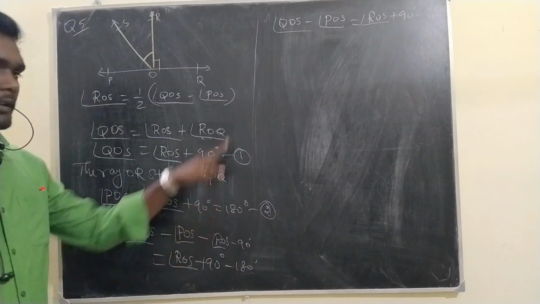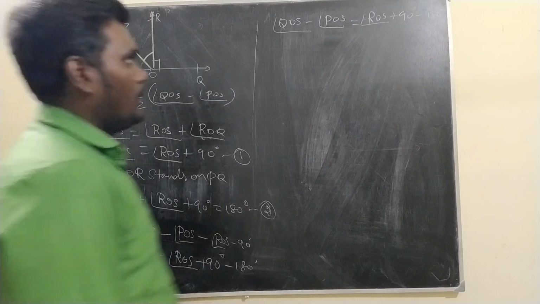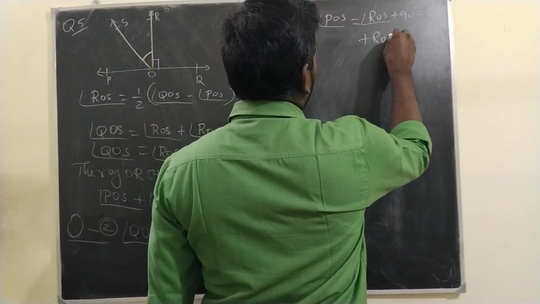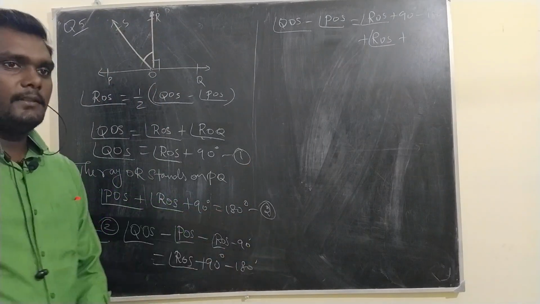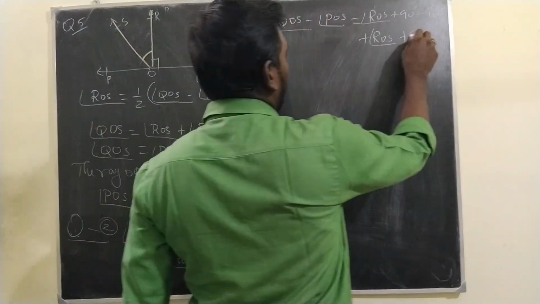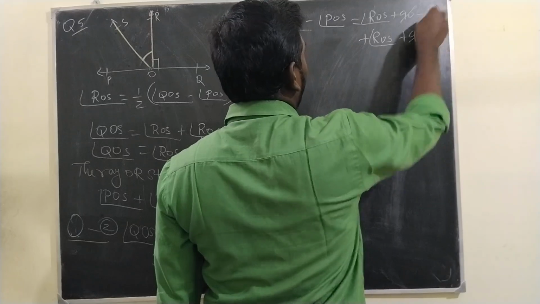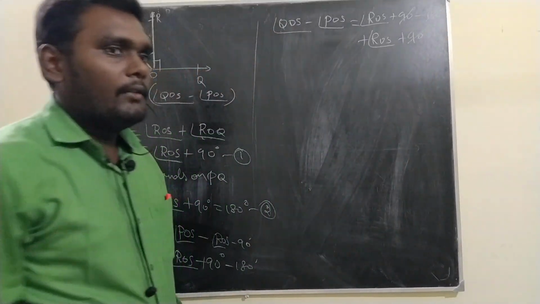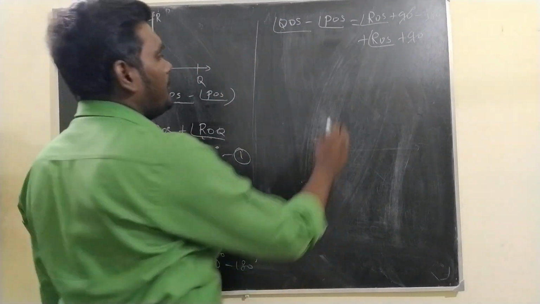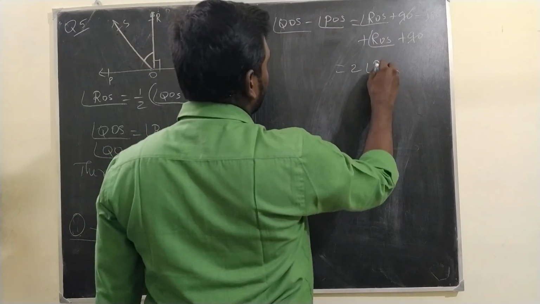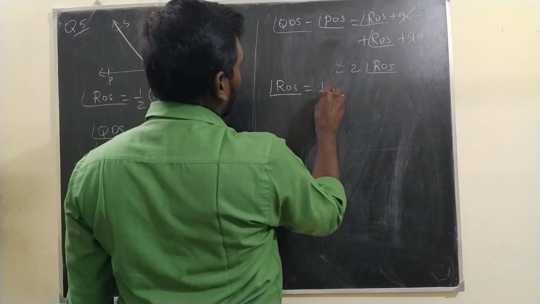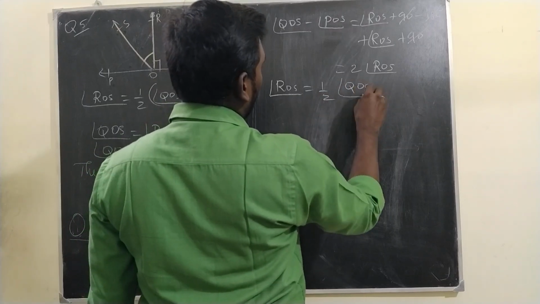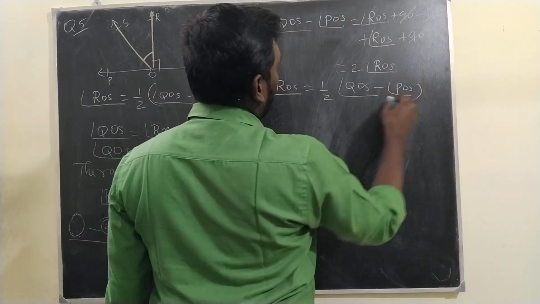This ROS goes to the other side, what we may get? Plus ROS. Plus this minus 90 goes to the other side, will go like plus 90. So 90 plus 90 minus 180, everything will get cancelled. We have 2 times ROS, is it? So angle ROS is equal to half of angle QOS minus angle POS.